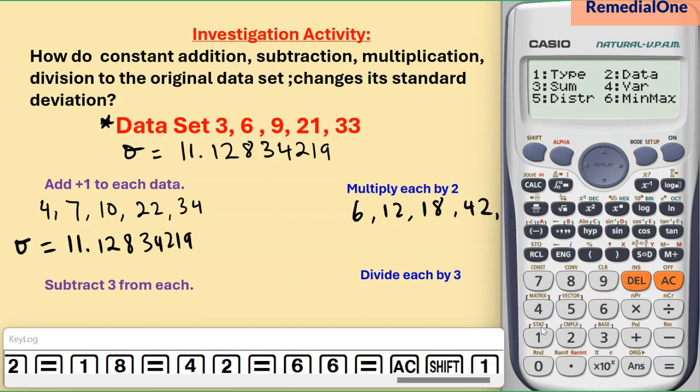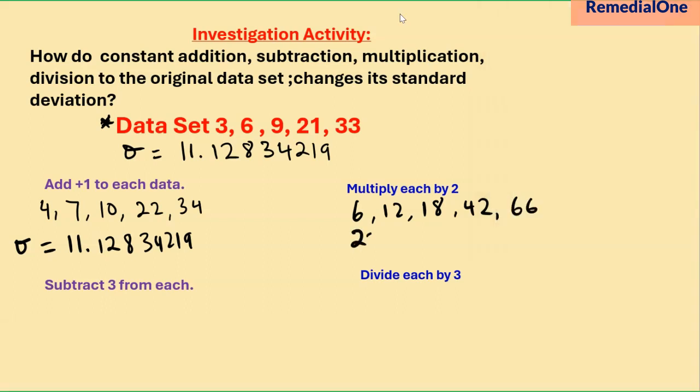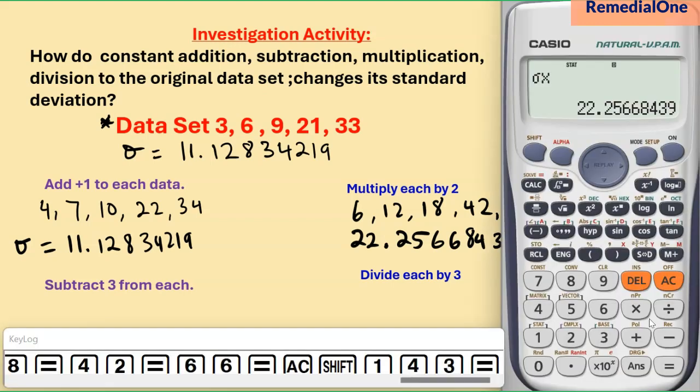Now we calculate the standard deviation. So we get 22.568439.